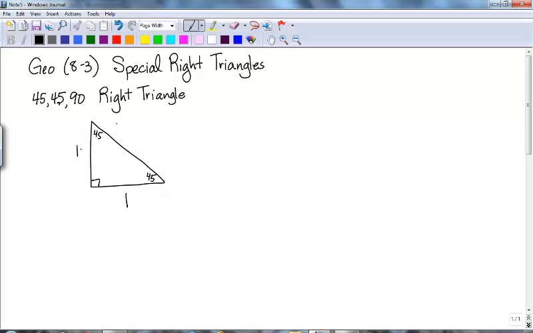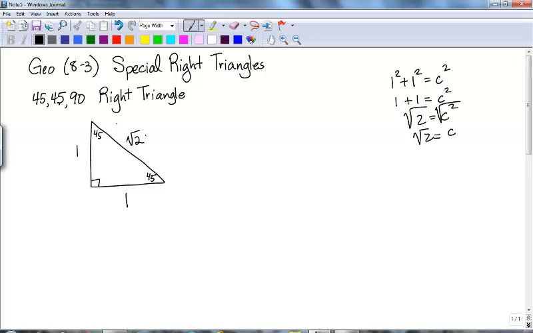If we did the Pythagorean theorem, 1 squared plus 1 squared equals c squared, this would be 1 plus 1 equals c squared, so this would be 2. You take the square root of both sides, so c equals the square root of 2. So in trig, the standard labels are 1, 1, radical 2.